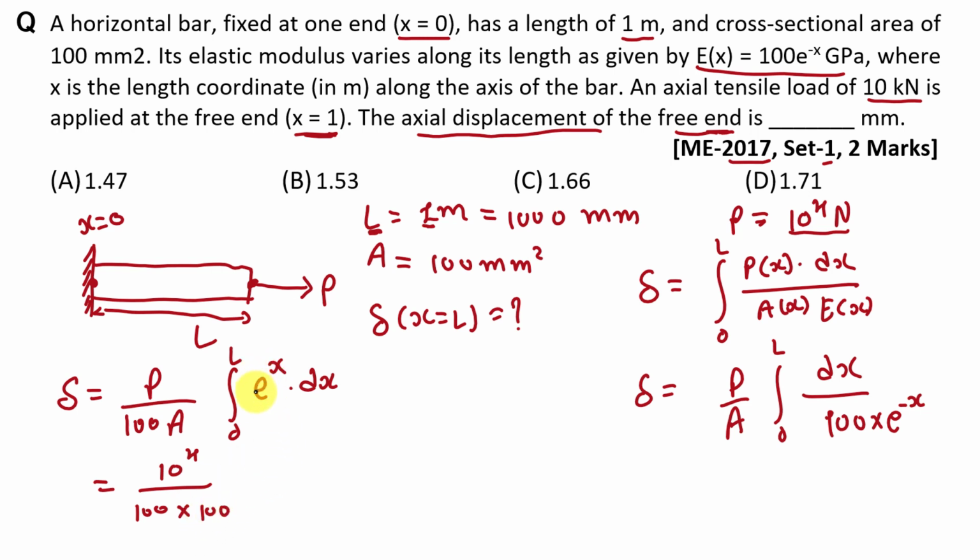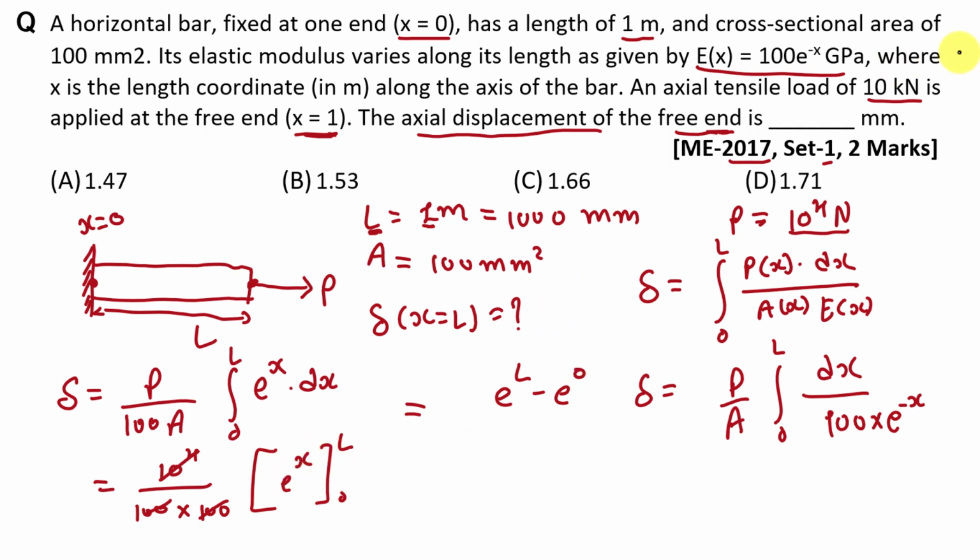And integration of e raised to x is e raised to x. So it will be e raised to x from 0 to L. Here this 10 raised to 4 and this 100 are cancelled. So finally we have e raised to L minus e raised to 0, right? That is the value of this term.